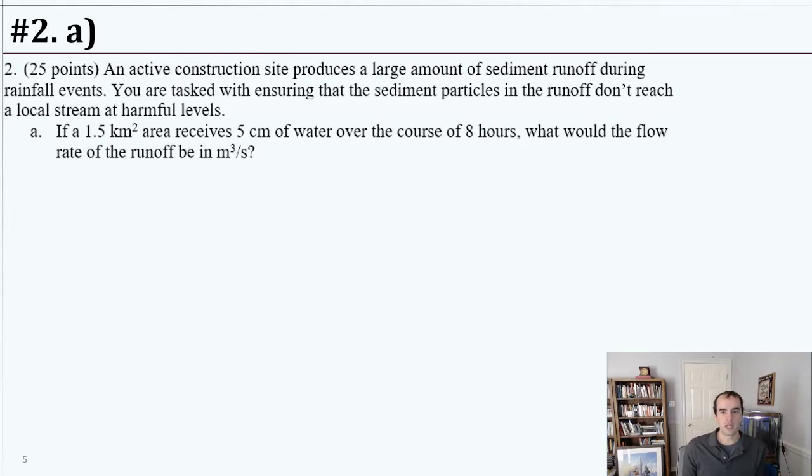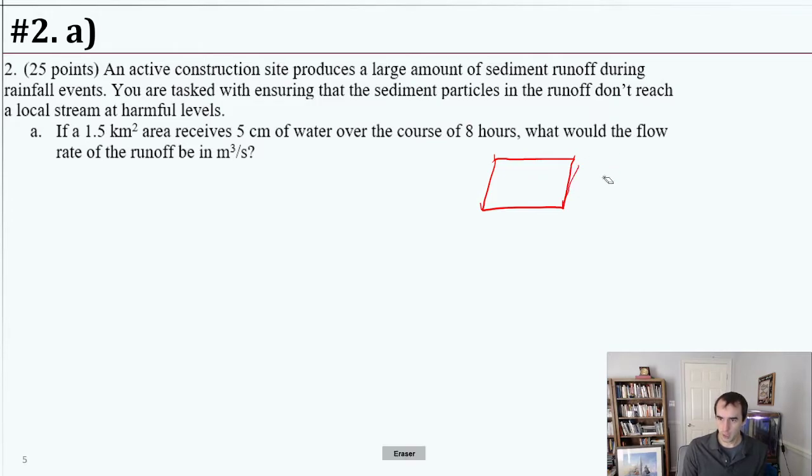So really, this part is just a geometry problem. We have some plot of land. This is the construction site. It's receiving some amount of rainfall. Well, 5 centimeters is not actually that small. That's a fair bit of rain for one day.